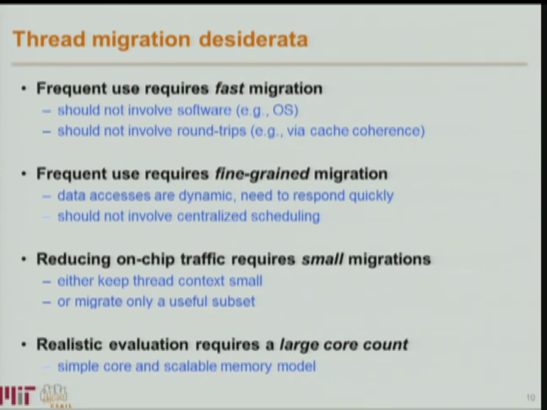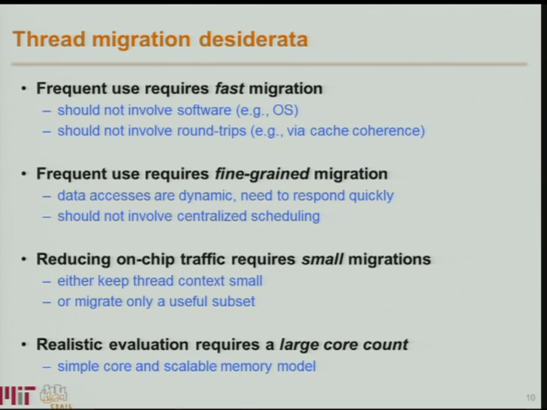It should not involve round trips. You can imagine implementing migration on top of existing cache coherence protocols. But this is also kind of slow, right? Because it's several ping-pong round trips. And maybe by the time you've executed this migration, the ship has already sailed. We also need the migration to be fine-grained.